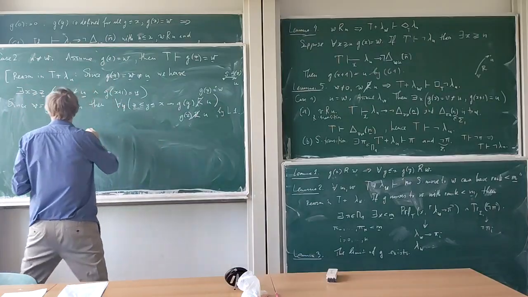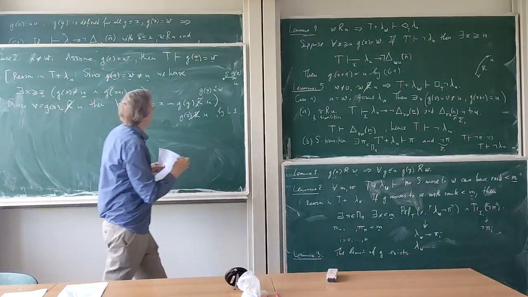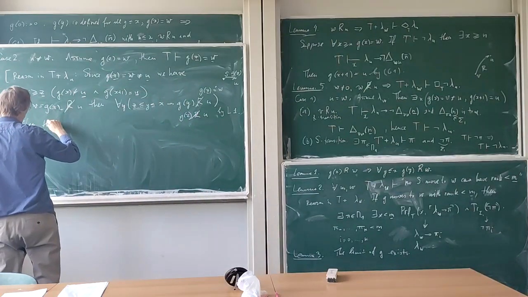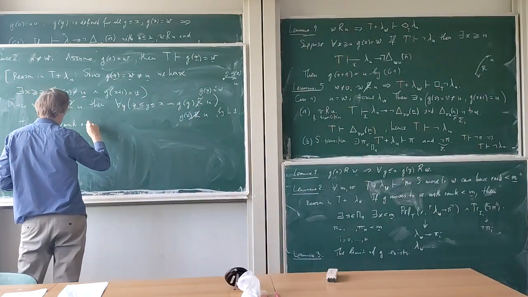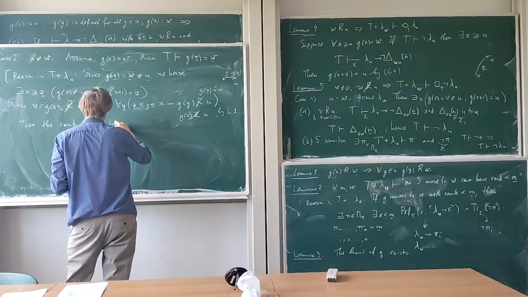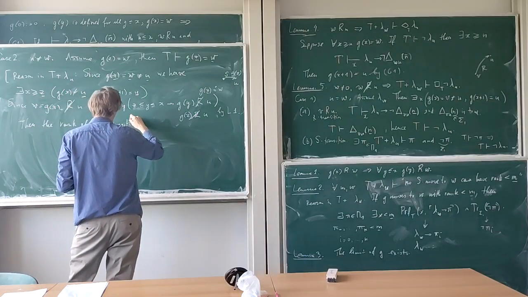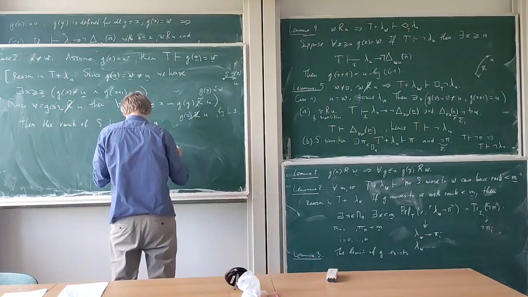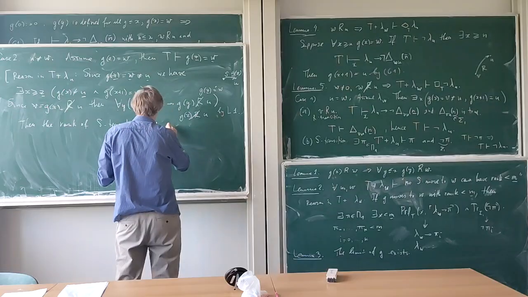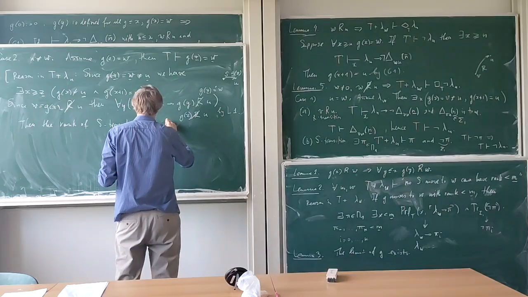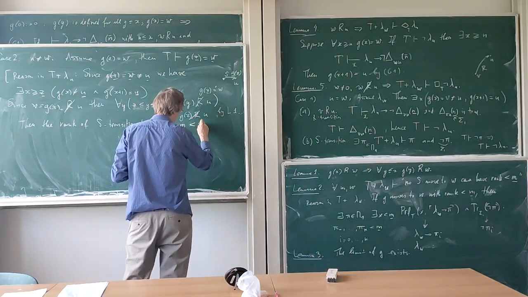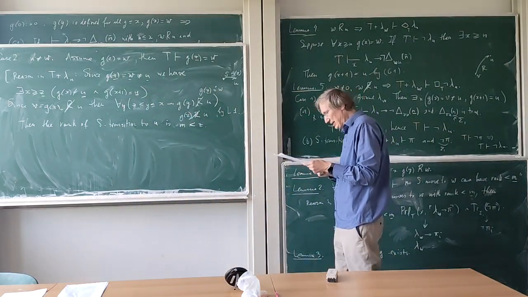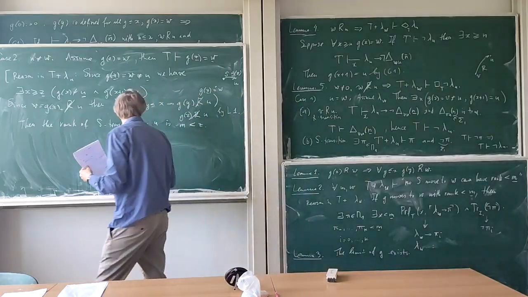Then we claim that the rank of S transition to U has to be a certain number m smaller than Z. Now, why so?